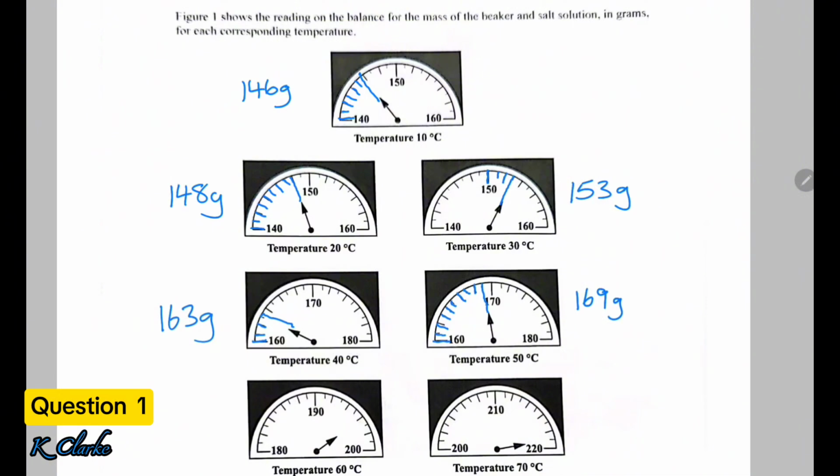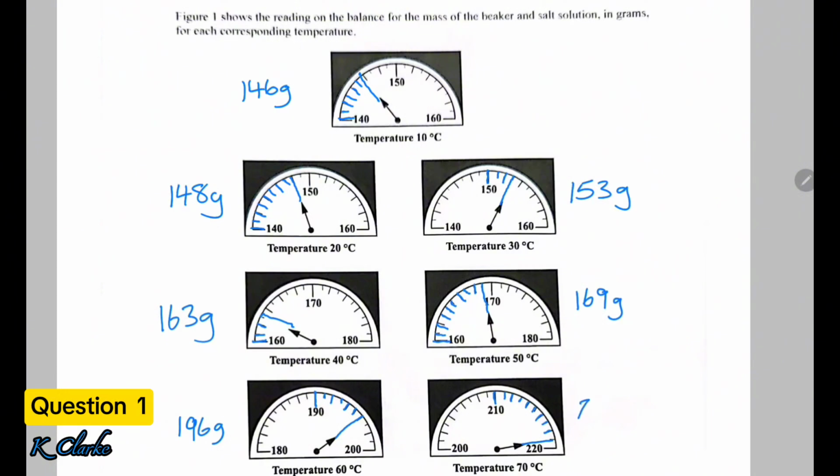At 60 degrees Celsius, this is 190, 191, 192, 193, 194, 195, 196. So that's 196 grams at 60 degrees Celsius. And lastly, at 70 degrees Celsius, now this is 210, 211, 212, 213, 214, 215, 216, 217, 218, and 219.